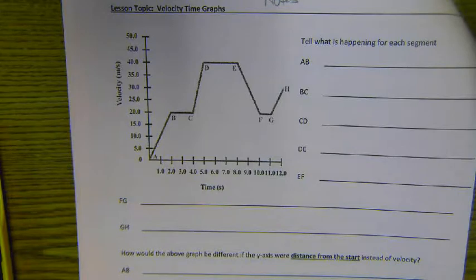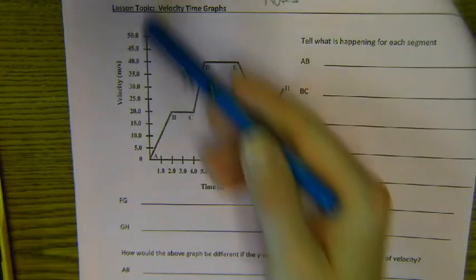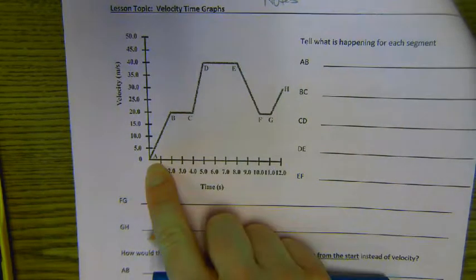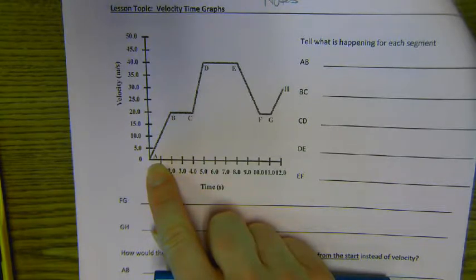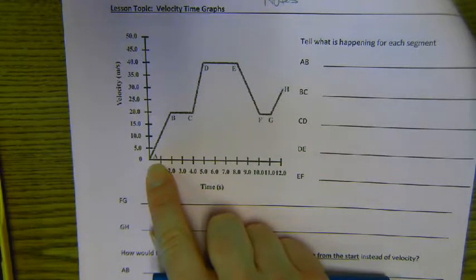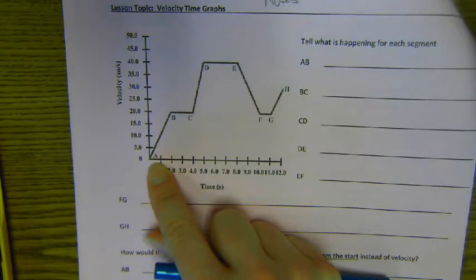Now what's graphed on the y-axis? Velocity. So a velocity of 0 means you're going 0 meters per second. So that means you're stopped, correct? Whereas before, 0 meant a distance of 0, meaning you hadn't started yet, okay?